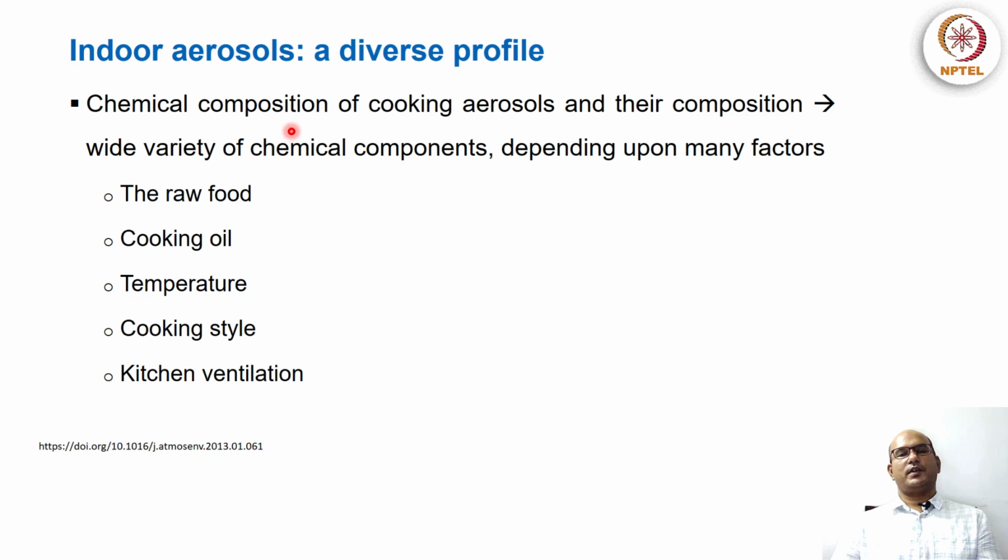It has also been observed that the chemical composition of cooking aerosols has a wide variety of components, and it depends on many factors such as what food is being cooked, what oil is being used, what the temperature of cooking is, what the cooking style is, and also naturally the kitchen ventilation. All of these factors will lead to particular PM characteristics in a cooking environment.